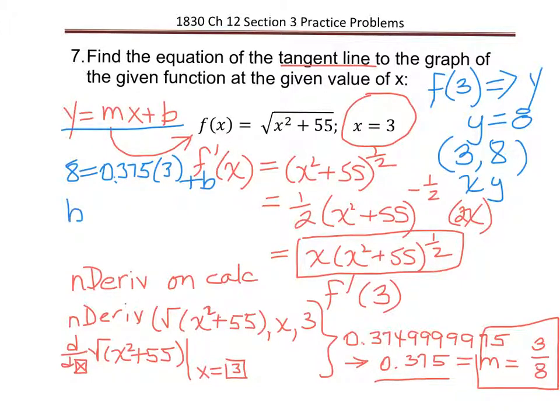So it turns out that b is equal to 8 minus 0.375 times 3, which is 6.875, or 55 over 8.